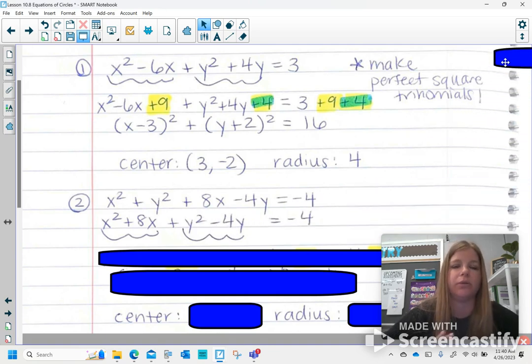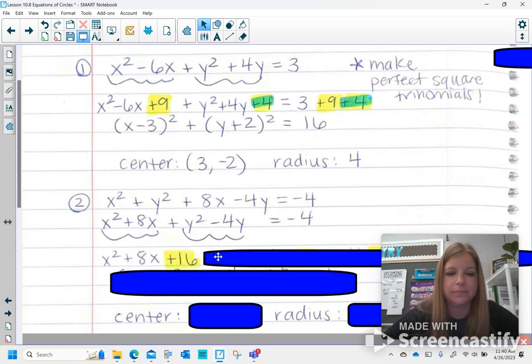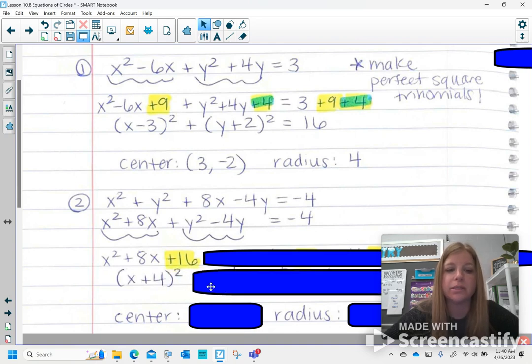I just had to do a little rearranging. Now I'm going to purposely design my perfect square trinomials. For x squared plus 8x, I take half of 8, which is 4, and then I square it. 4 squared is 16. So this becomes x squared plus 8x plus 16, and that factored is x plus 4 squared.